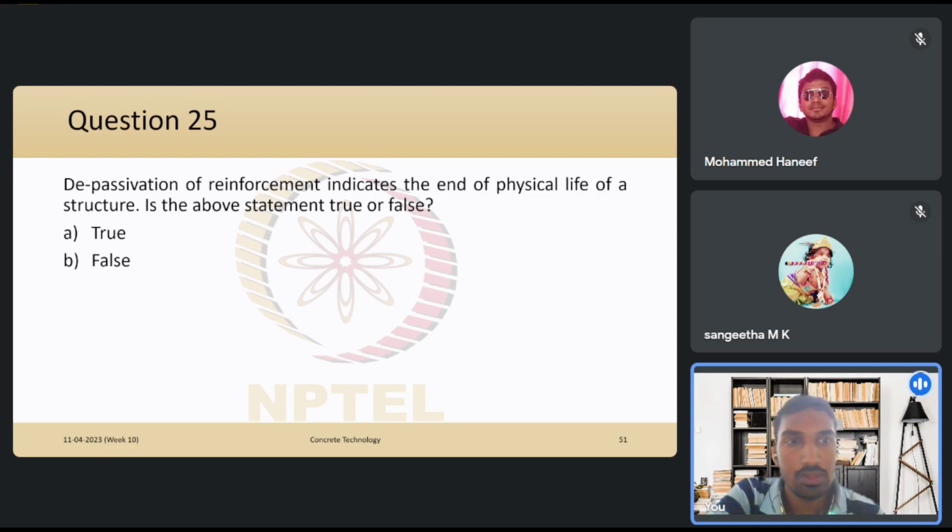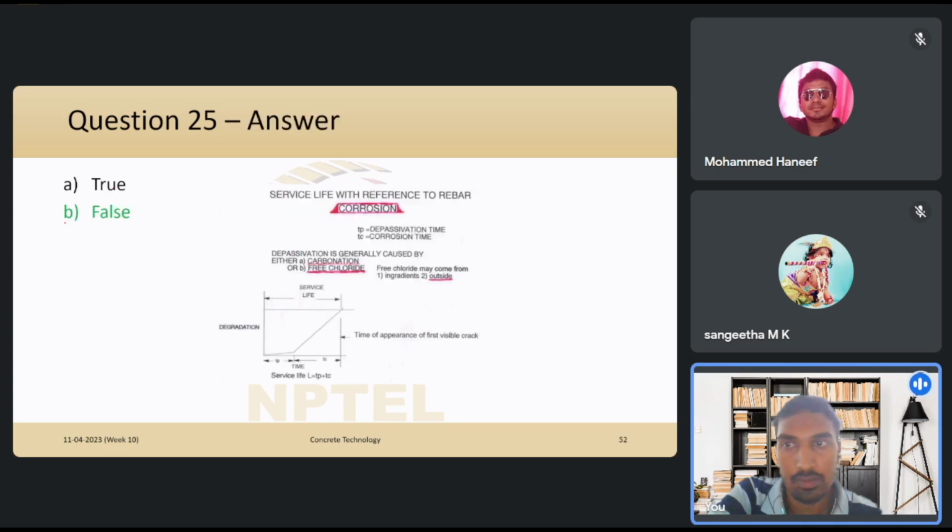Okay, so we have two votes for option B, false. Okay, the right option is B, it is false.